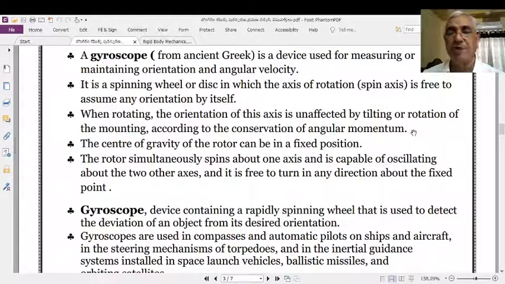It moves in a curved path, goes up and down, tilts and rotates. Even so, the state of rotation of the gyroscope in that vehicle doesn't change.